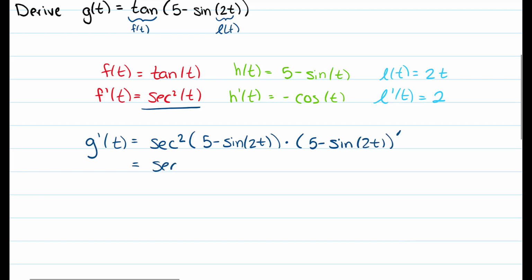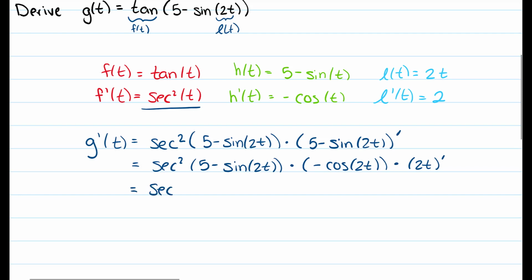So I get secant squared of 5 minus sine of 2t times, and the derivative of this is negative cosine of 2t, and then times the derivative of 2t, because I have another function inside of that derivative.